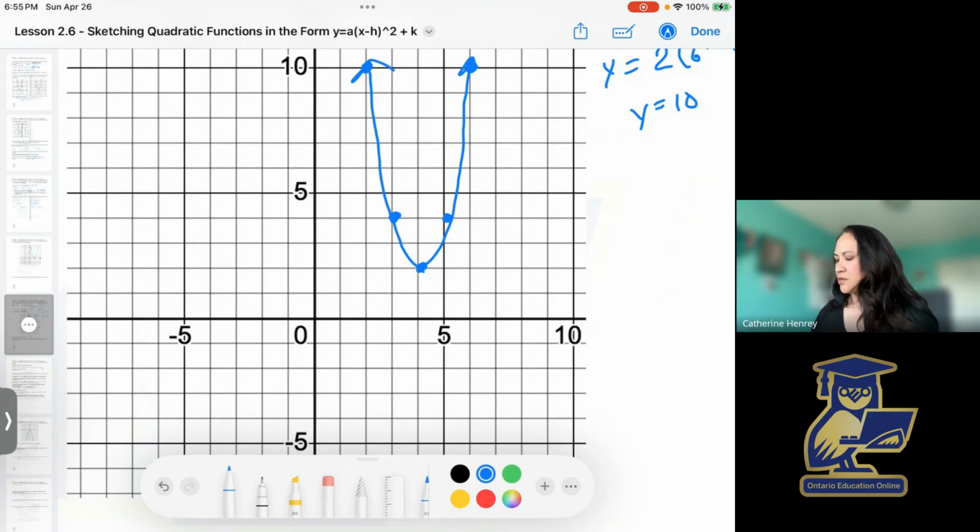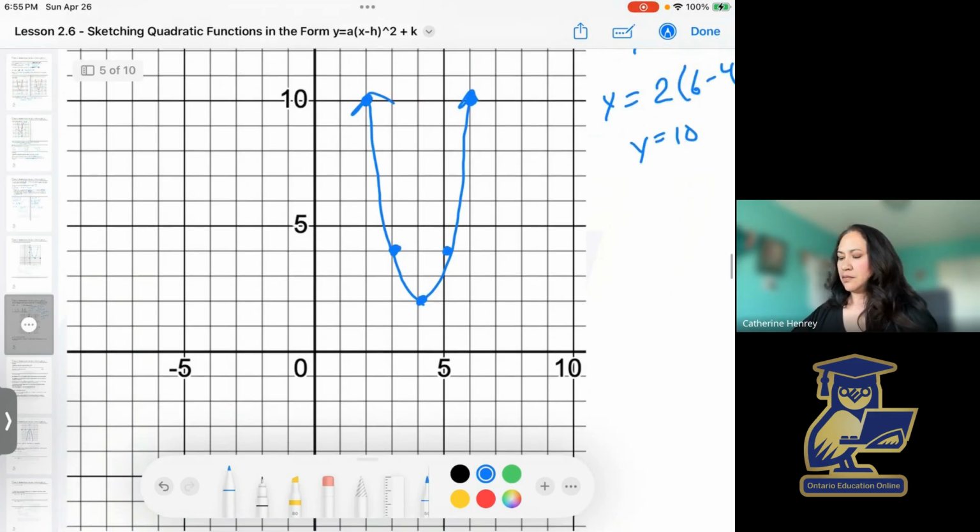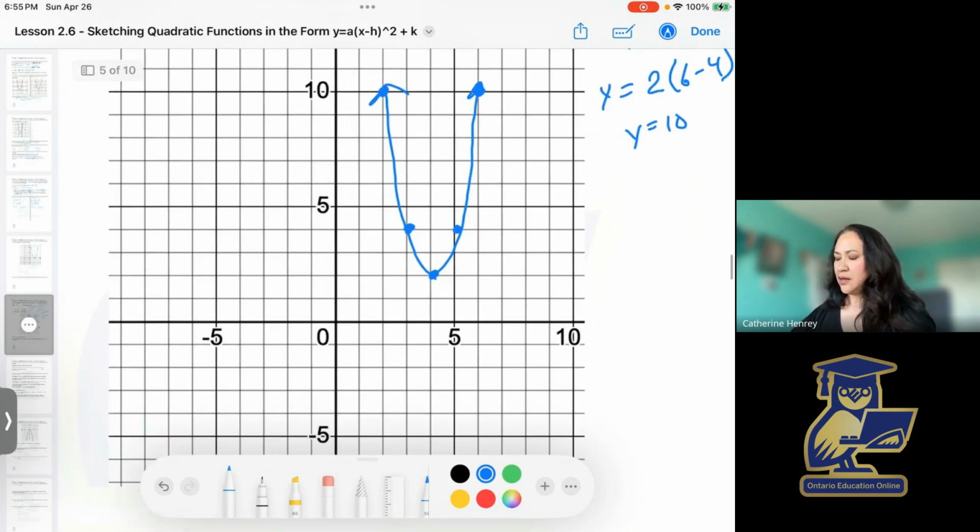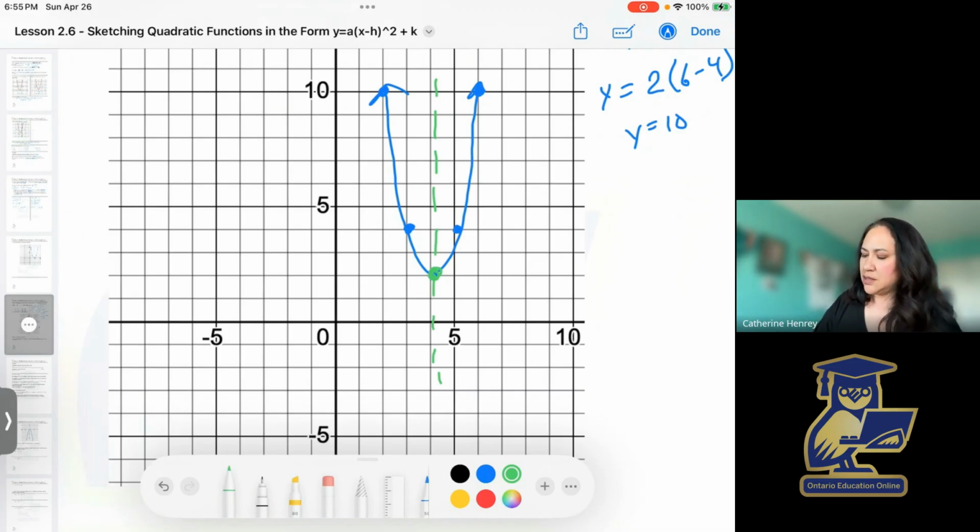All right, so the vertex of the graph, we can draw that in. Again, the axis goes straight through the vertex, which looks like it is right here. The vertex looks like it is at (4, 2). Axis of symmetry is x equals 4.